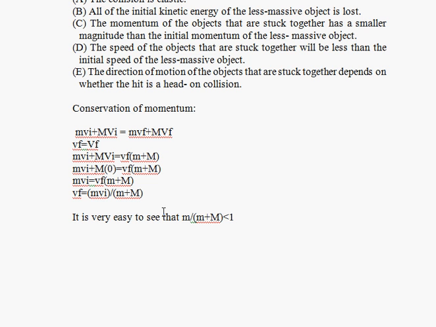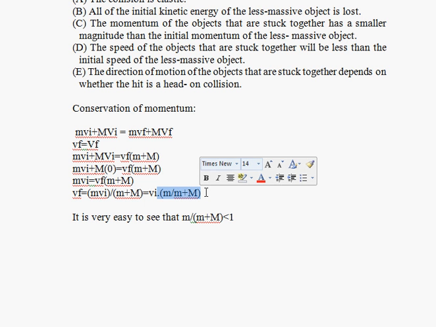This is, in other words, the initial velocity multiplied by m divided by m plus M. The following is smaller than 1. It's very obvious.